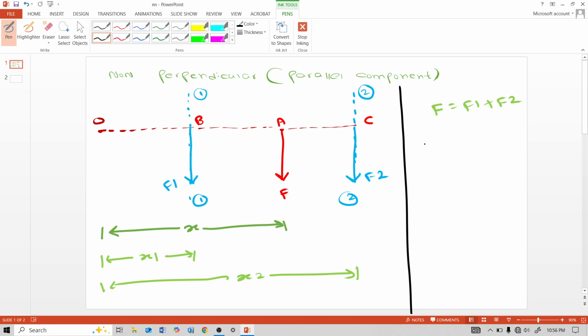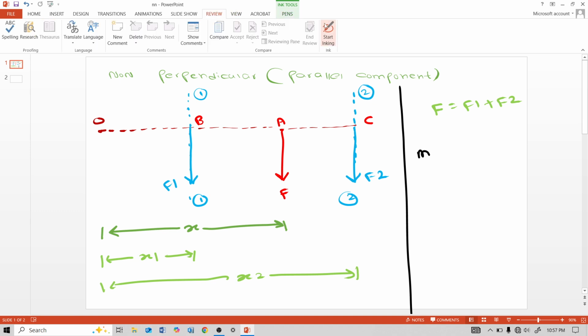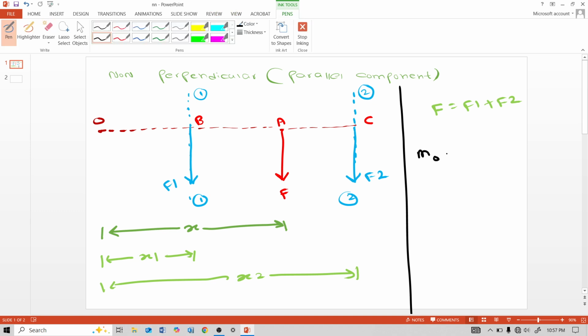See what will happen here. Moment at point O about B plus moment at point O about C. That means the F1 portion: F1 times the perpendicular distance between the F1 force and point O, because we will take moment at point O. The perpendicular distance between the F1 force and point O is x1.